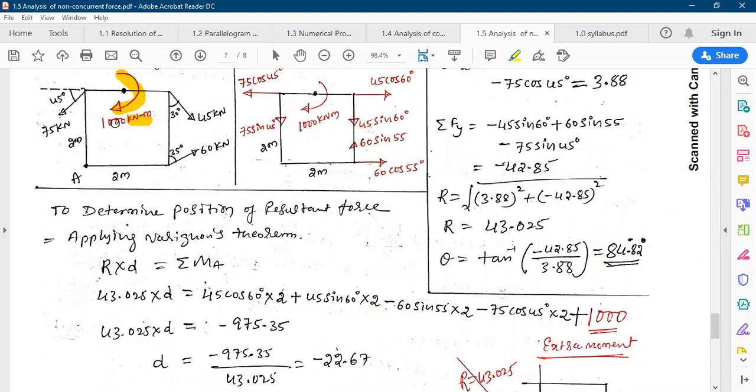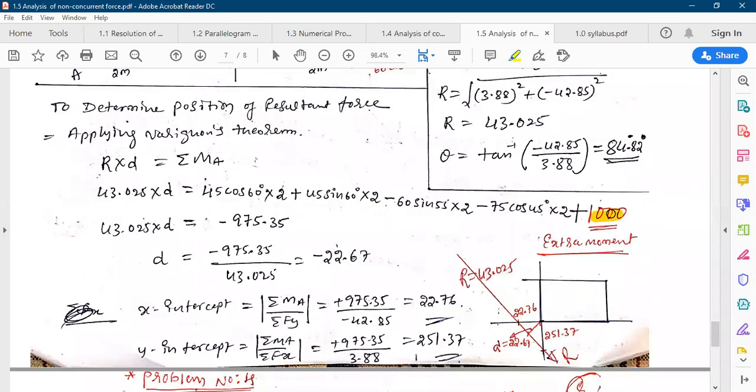So this is the moment of force, which is given directly in the problem. This additional moment you have to take as it is for the moment calculation. The algebraic sum of moment of all the forces, if I substitute and calculate, will be minus 975.35.